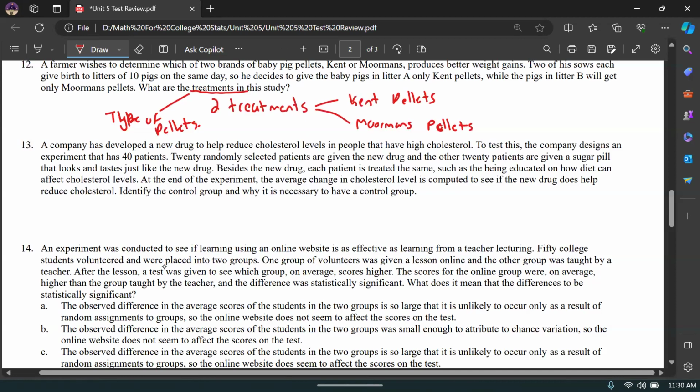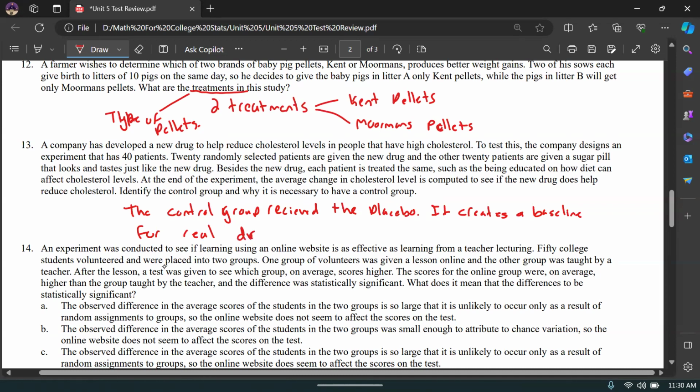All this is just about the control group. So the control group is the group that received the placebo. It creates a baseline for the real drug to compare to.